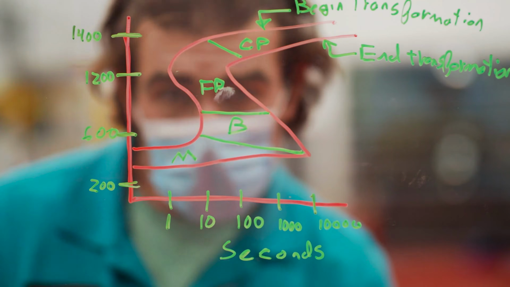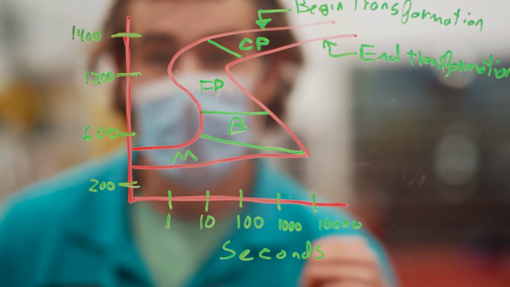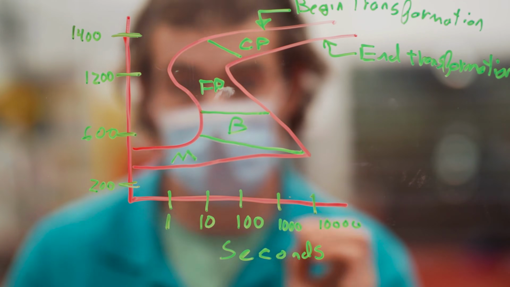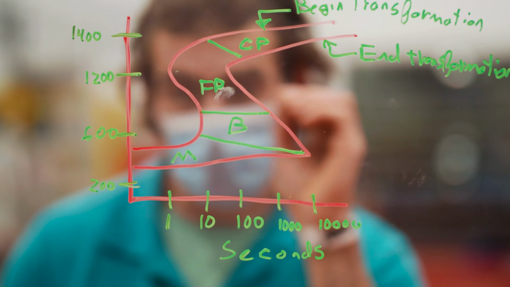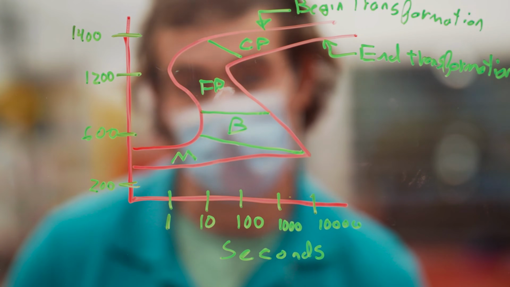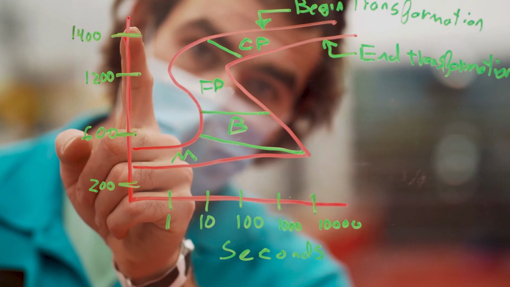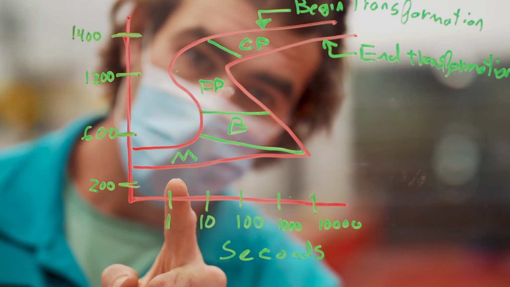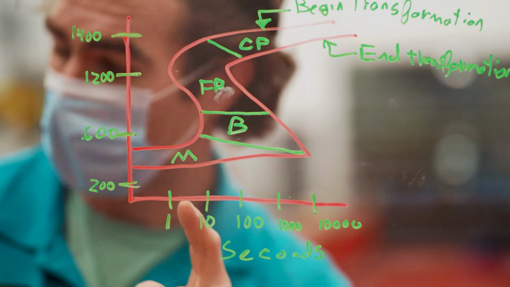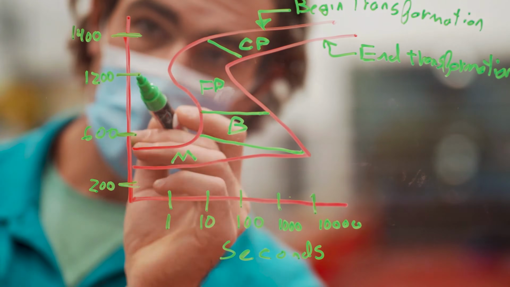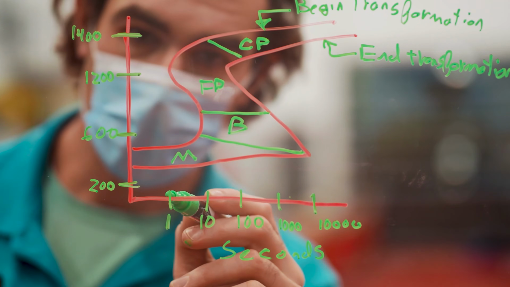What we're looking for here is the microstructure we get at a given rate of change of temperature. So we're going to follow the temperature down. We start at 1400 and it cools down in 1 second, so we draw a line from right here to right here.